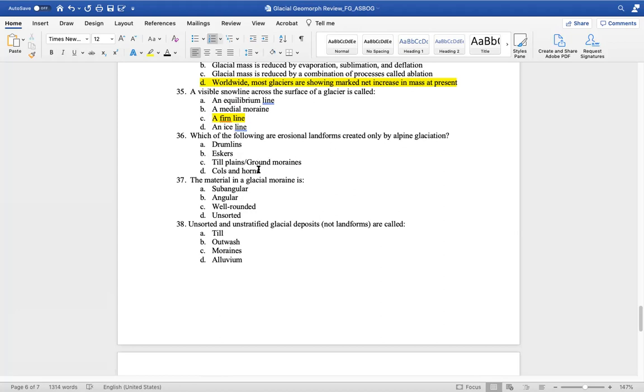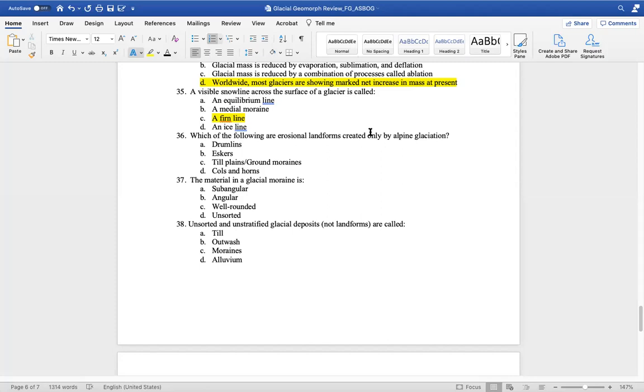We're looking at cols and horns. Those are erosional. Actually, I don't think we've talked about cols and horns very much. So cols are narrow, sharp-edged depressions between the head of a cirque and an arête. And a horn is a sharp peak.